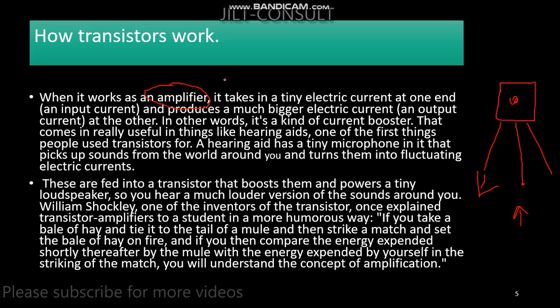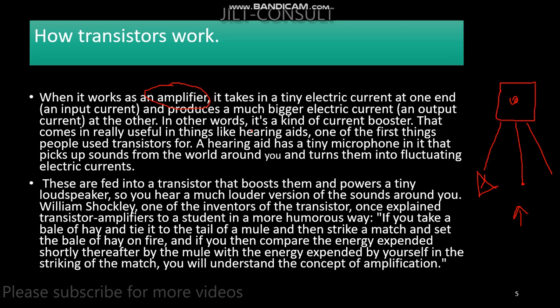It takes a tiny electricity current at one end, that's the input, and produces a much bigger electricity current as an output at the other end. So this is what I'm trying to draw here. We have the input, a small electricity current, and it will boost the current to much bigger power. So it's serving as an amplifier.